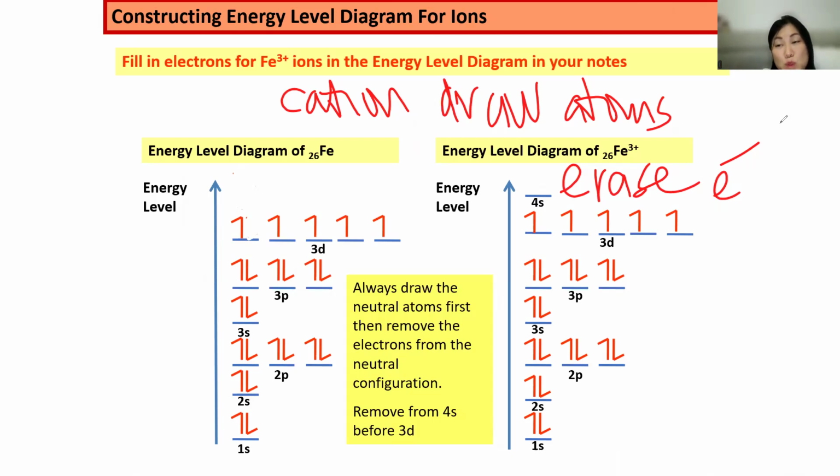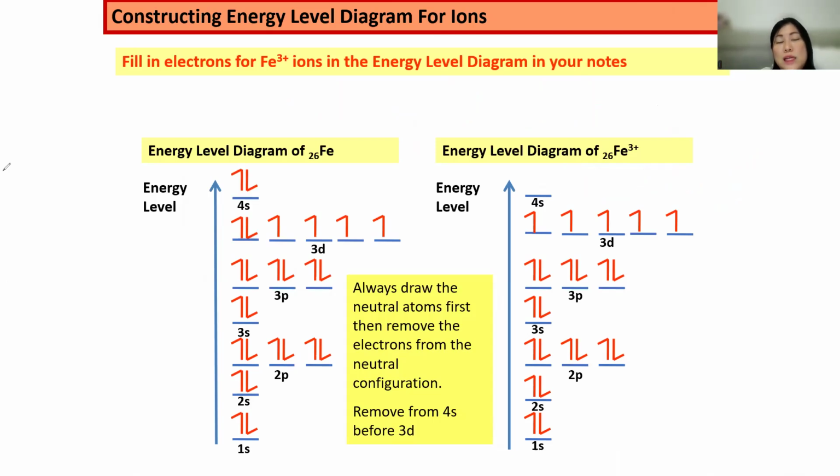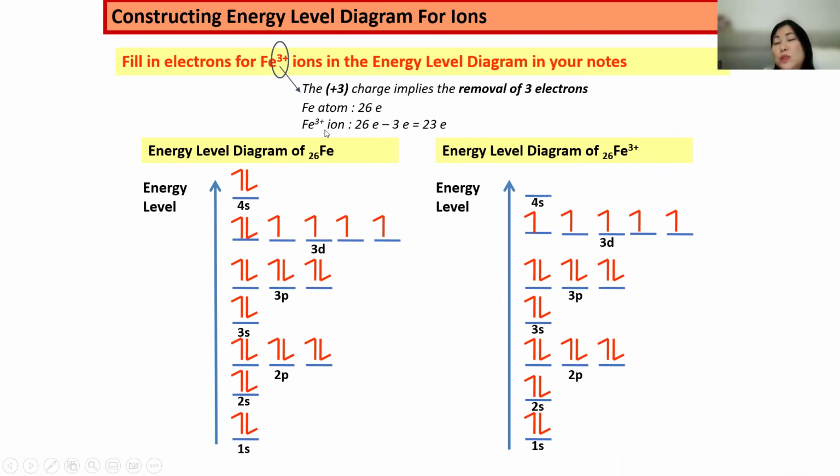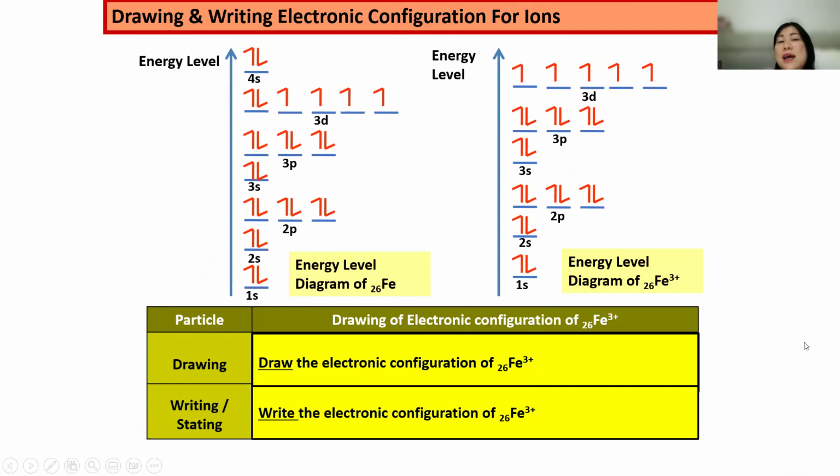You are supposed to lose 4s first. So just follow what I tell you. Do not do a subtraction and fill. Draw the atom and clean off. That's for cations. Anions, not that much issue. The tendency is you will make a mistake because you will not lose 4s first.